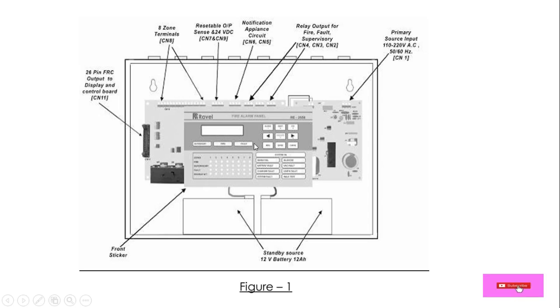Here is the relay section, and another one is the NAC circuits, notification appliance circuits, and these are relays for fire, fault and supervisory. We can use these contacts for integration and supervision, for fault and indication.